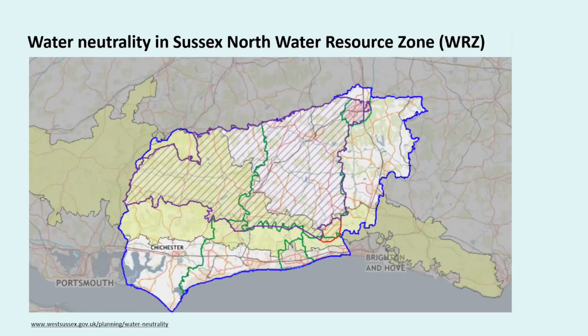And this has caused significant delays to new developments in the region, while developers and local authorities try and come up with solutions. And while many people may be aware that water neutrality is a requirement in Sussex North, water scarcity and water neutrality are issues that already affect the UK more widely.